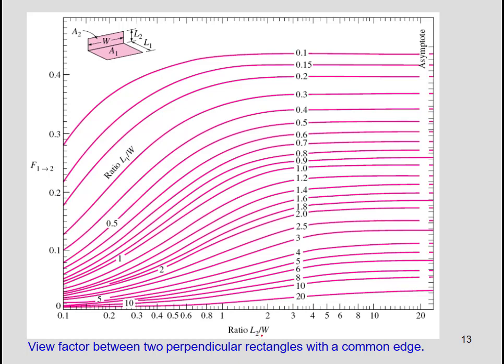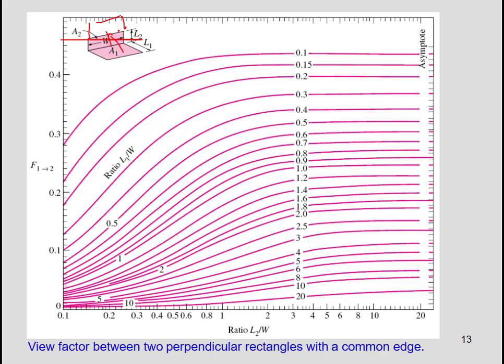L2 divided by W increasing means this is bigger, so it will for sure receive more radiation from the surface, or W is smaller. In other words, if W is constant, we can simply work on L2.